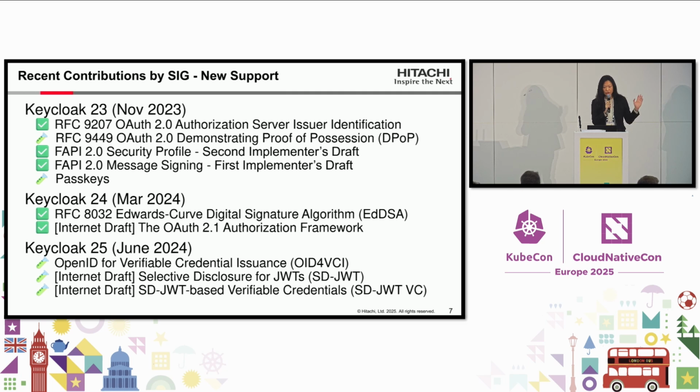The features marked with the test tube are treated as experimental or preview features, not official features, while the items marked with the checkbox are treated as officially supported features.